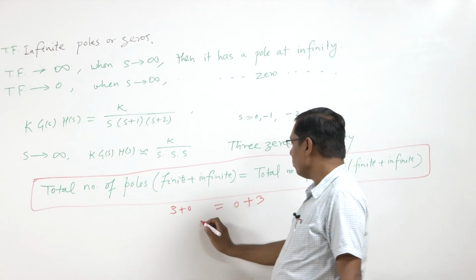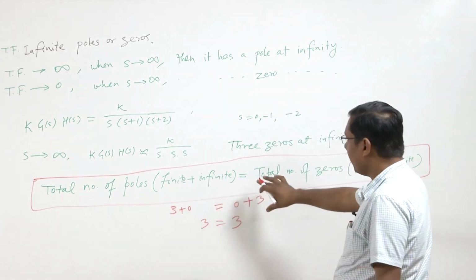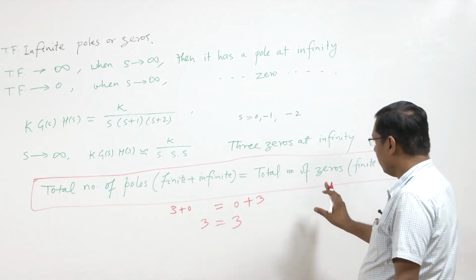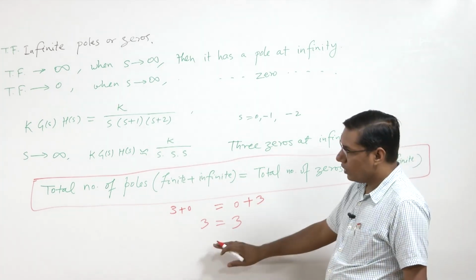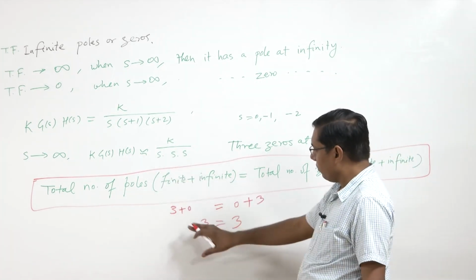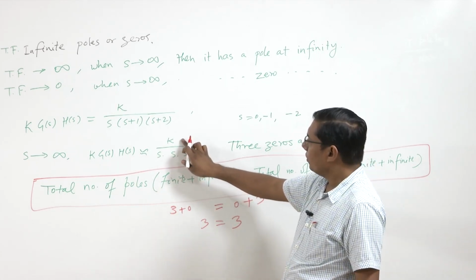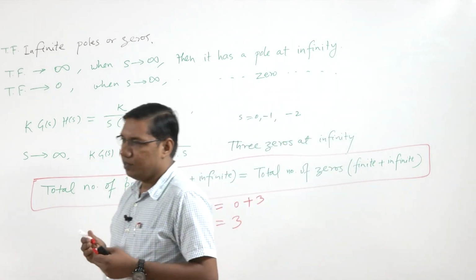So 3 equal to 3. So here we are getting that total number of poles finite plus infinite equal to total number of zeros finite plus infinite. So if in any function there is, suppose, 1 zero that is finite, then there will be 2 poles that will be infinite.